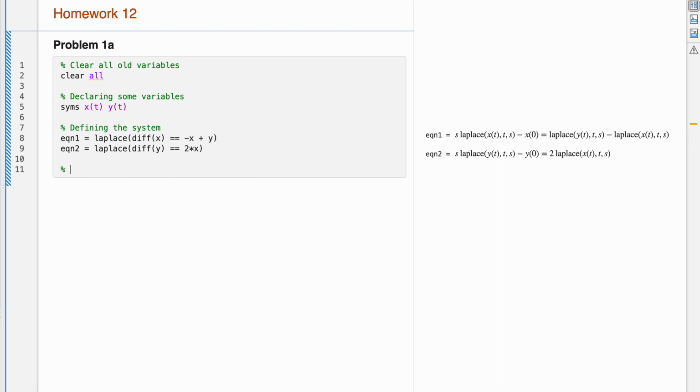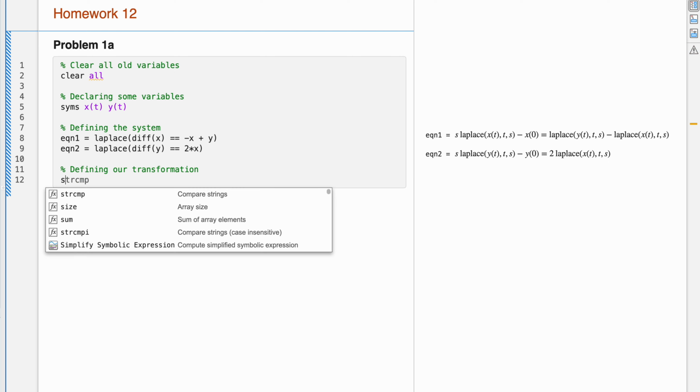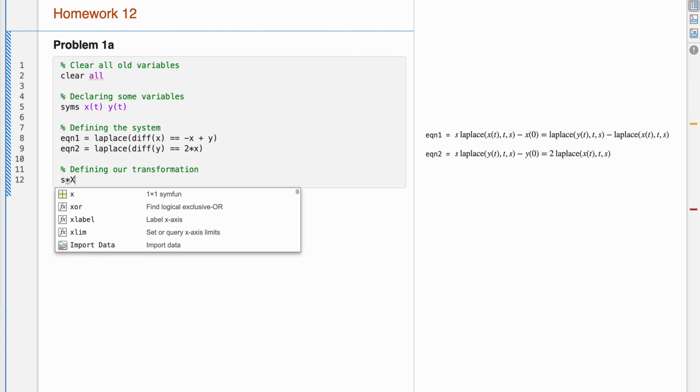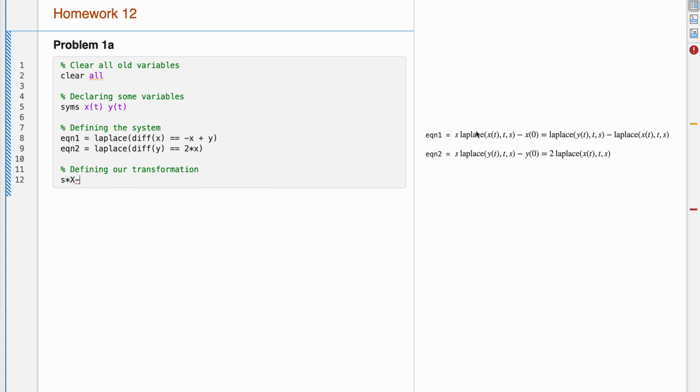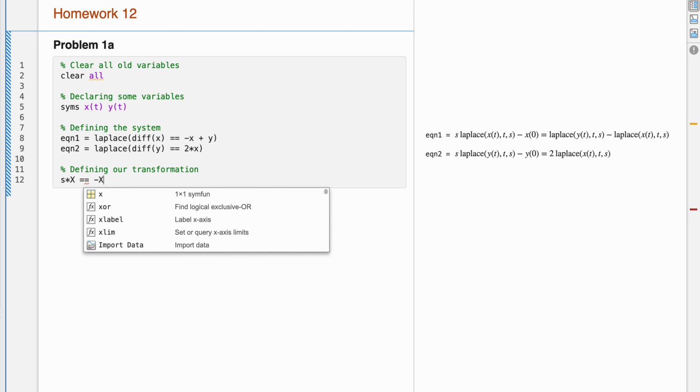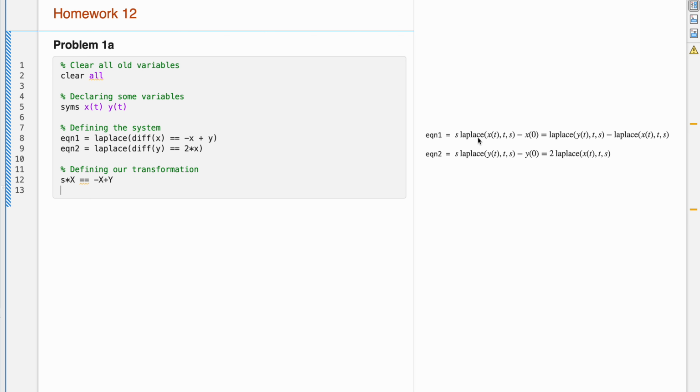Now let's define our transformation. So let's just say that we had s times that big X minus x of 0 here, which is just 0, they told us, so we're not going to write anything. That has to be equal to minus that big X right here plus the big Y. That's our first equation.